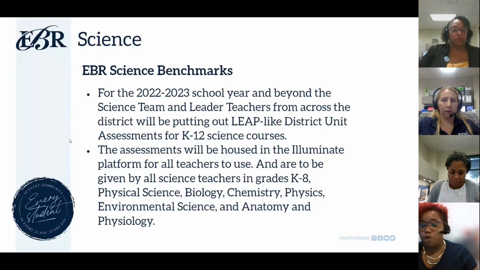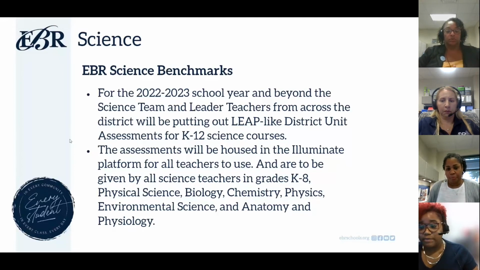The assessments will all be housed in Illuminate for all teachers to use, and they'll also be linked on the science page so that you can get to them. They will be given to everyone in grades K through 8, physical science, biology, chemistry, physics, environmental science, and anatomy and physiology. So please be on the lookout for those, as some of them will be coming up sooner than you know it.